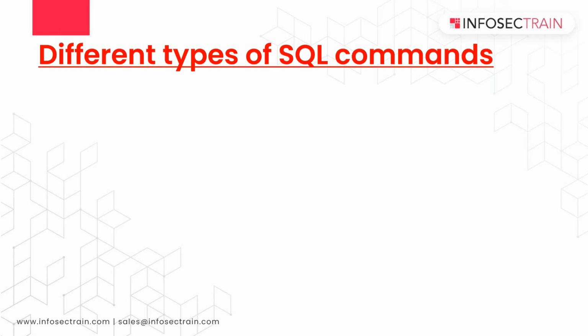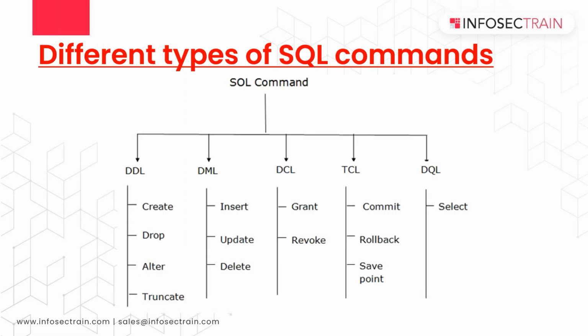Now, how many different types of SQL commands are there? Total 5 different types are there: DDL, DML, DCL, TCL, and DQL. Okay, so let's go and understand one by one.